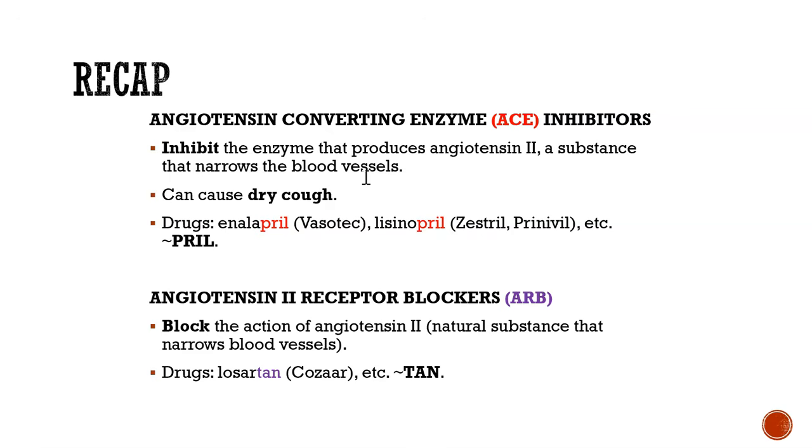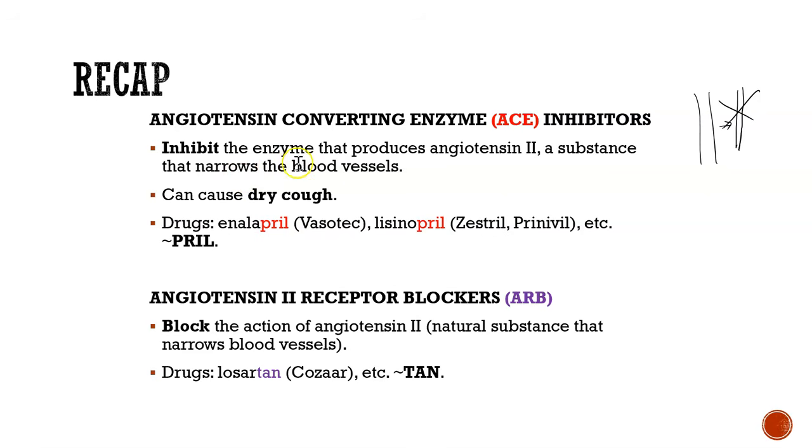What happens is in your heart, we all have an enzyme that narrows the blood vessel, and we don't like it. Imagine this is your blood vessel. Do we want our blood vessel to get even more narrow? If it gets even more narrow, blood won't be able to flow as effectively, and then it won't circulate in our heart as effectively. So what this drug does is an inhibitor. It stops the blood vessels from getting smaller.